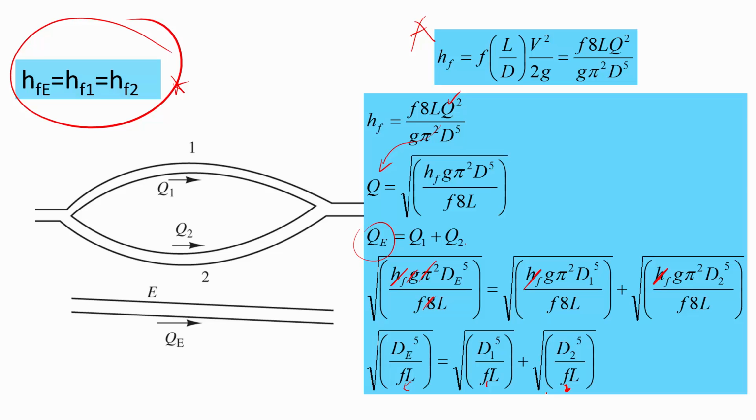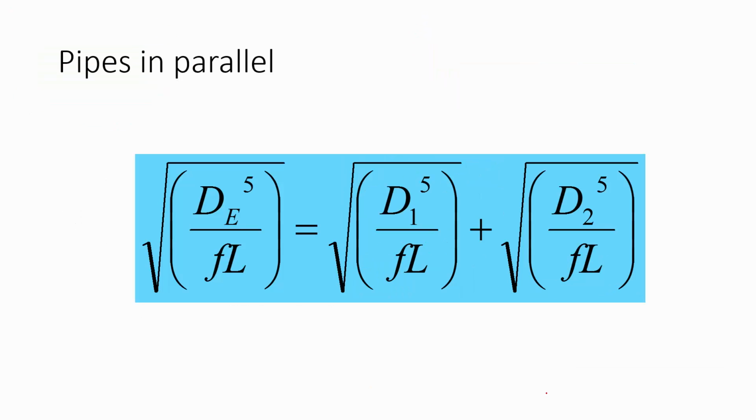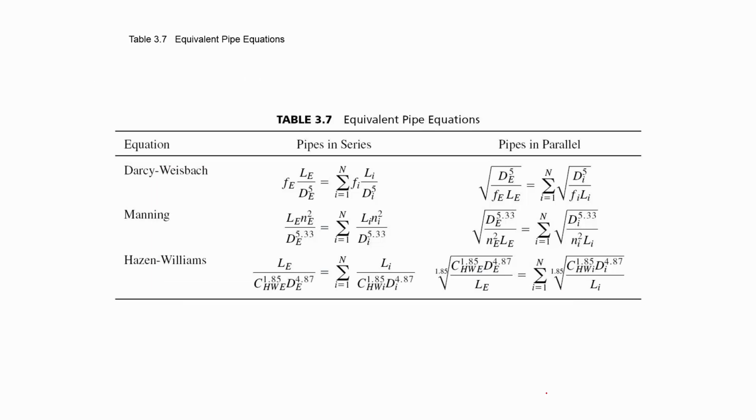So that is the generic expression, and then of course for pipes in series or for pipes in parallel, this is the expression that you have, and this table 3.7 has the same derivations, not just for Darcy-Weisbach like we did it, but also for Manning and for Hazen-Williams, for series and in parallel.